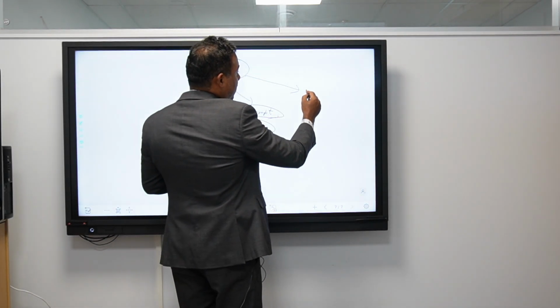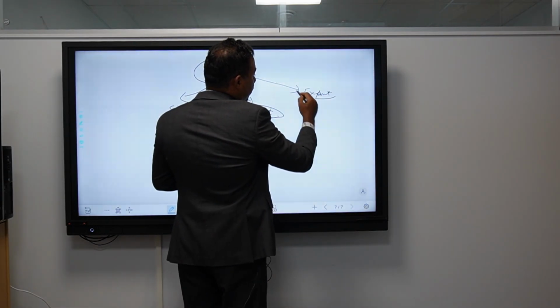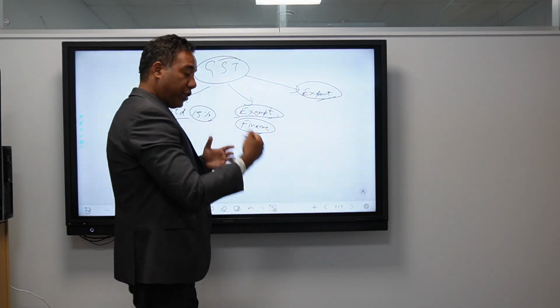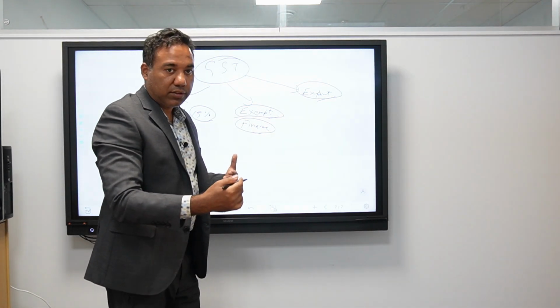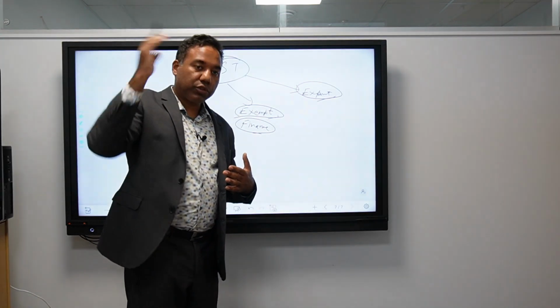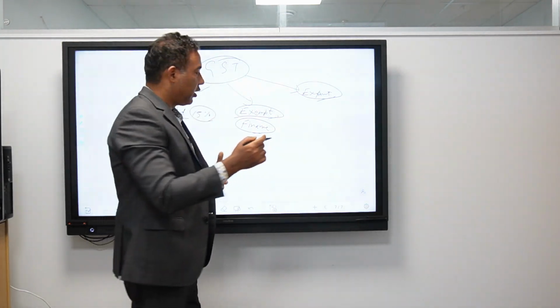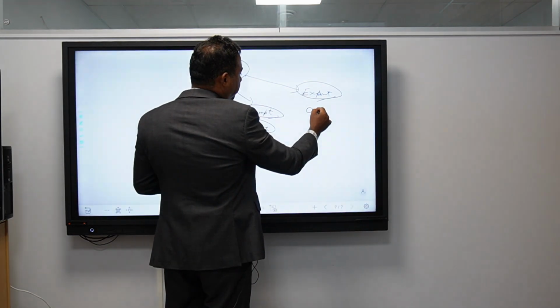And there is export. Export means goods are not being consumed locally in New Zealand. These goods or services are being exported overseas, so the consumption is happening outside of New Zealand. If it's outside of New Zealand, then GST will apply at 0%.